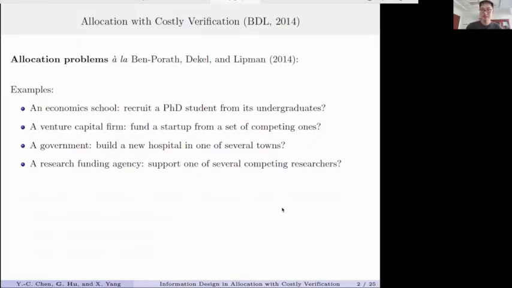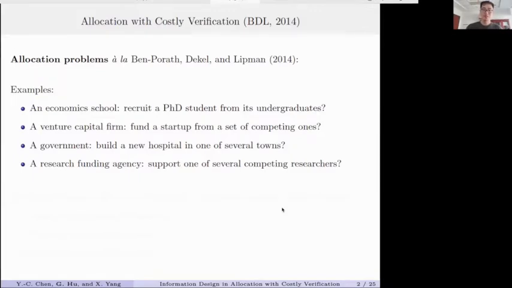After a disaster, a government may consider whether to build a new hospital in one of several towns that suffered from the disaster, like an earthquake. And the last example is one we are quite familiar with: a research funding agency may consider whether to support one of the several competing researchers or not.